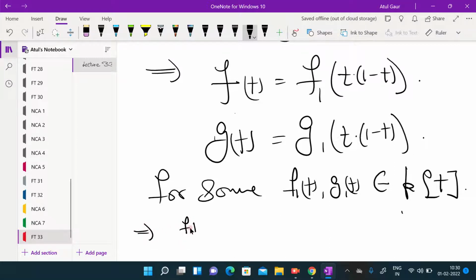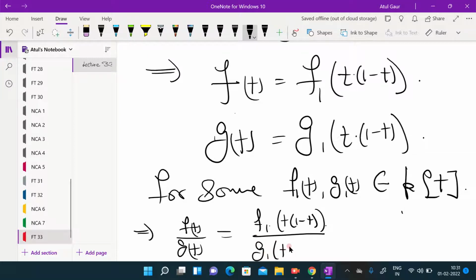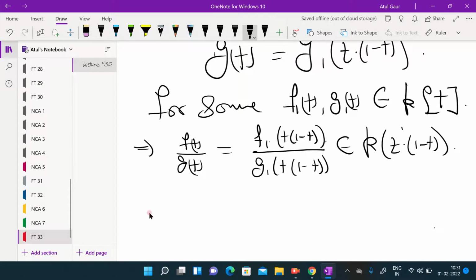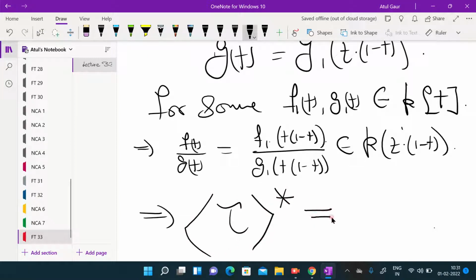So that means f(t) mod g(t), which is f1(t(1 minus t)) over g1(t(1 minus t)), is in k(t(1 minus t)). So you have the equality. That means tau, the fixed field of the group generated by tau, is k(t(1 minus t)). Okay?